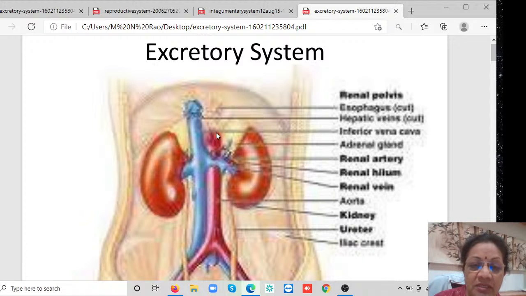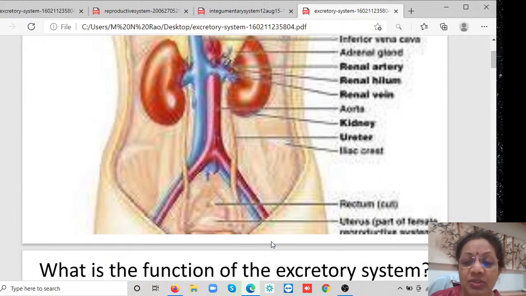The aorta is a central large artery placed almost halfway between the two, and the outcoming tubes which will carry the product of the kidneys is the ureter. So for the left there is a left ureter, for the right one there is a right ureter, and so on. Iliac crest is a bony landmark, we'll come to that later, but the point is that these are the organs forming the excretory system.